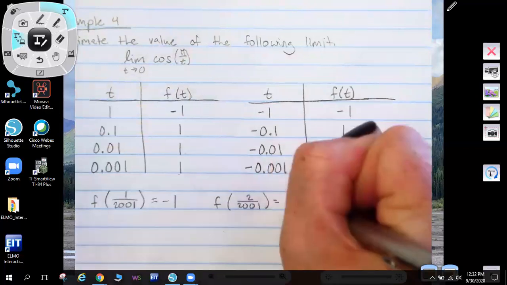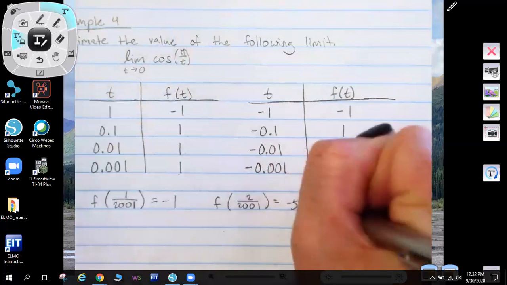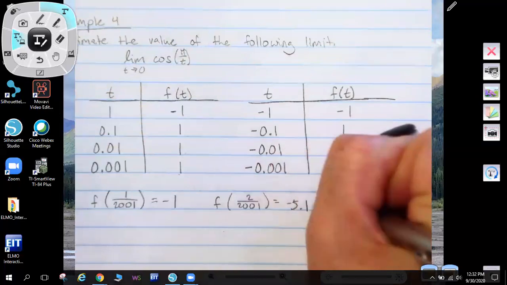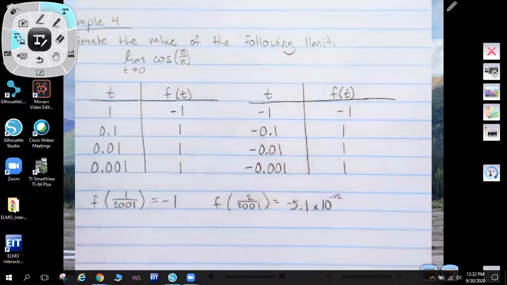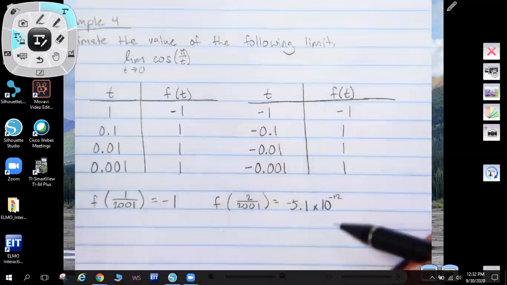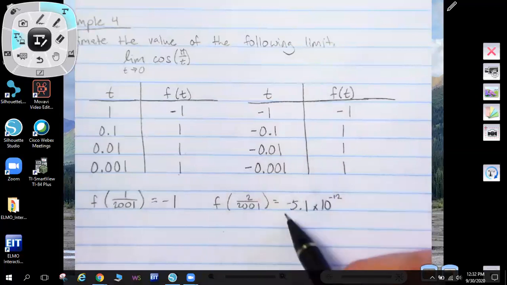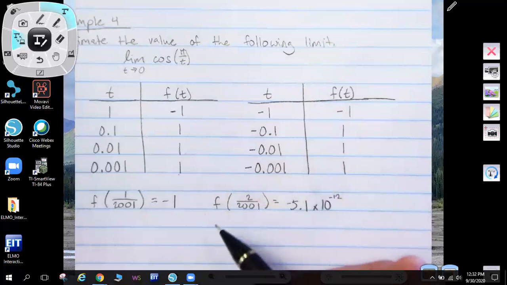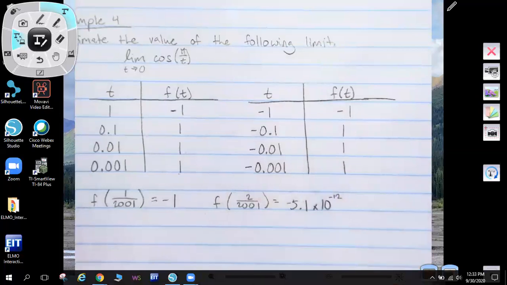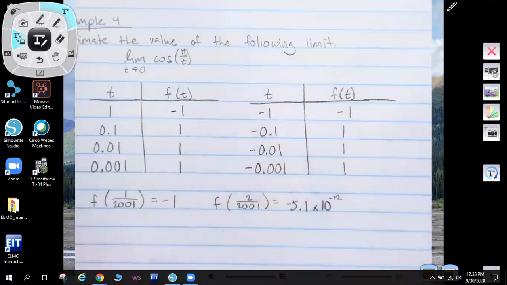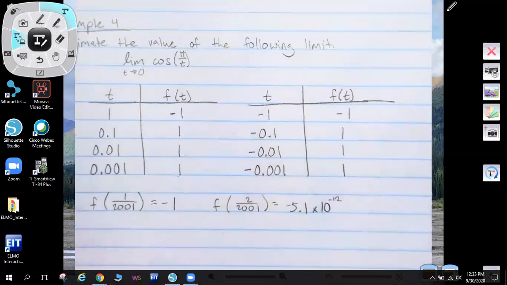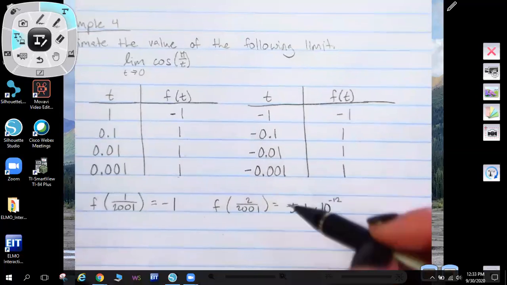I'm not going to write all that, but this is a very, very tiny negative decimal. Like this decimal point is actually 12 places to the left. So it's 0.000000000, 11 zeros, 51, and make it negative. Definitely doesn't fit into our pattern of ones that we thought we had.